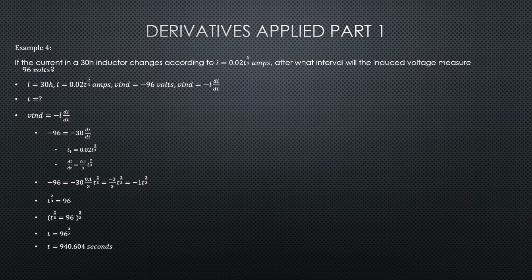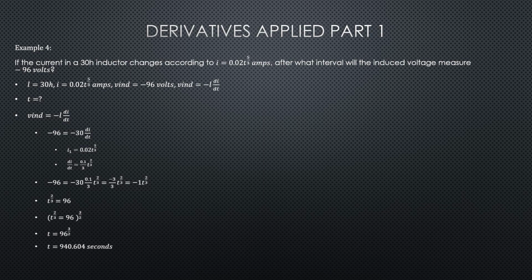Now, the algebra part in calculus is where a lot of people mess up. So this step, if you're not super secure in your algebra, you might kind of miss. In order to get t by itself, we raise the entire equation to 3/2, which means now you've got t to the 2/3 times 3/2, which ends up equaling 1.